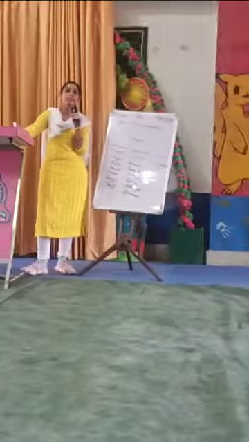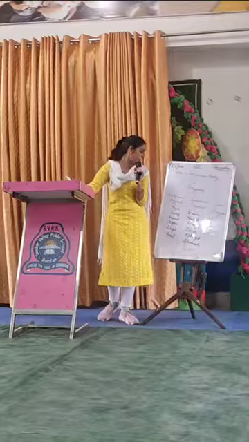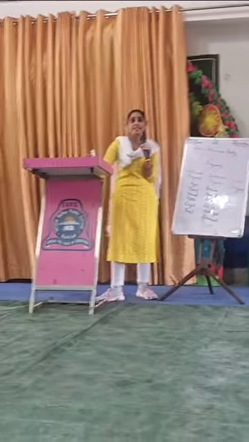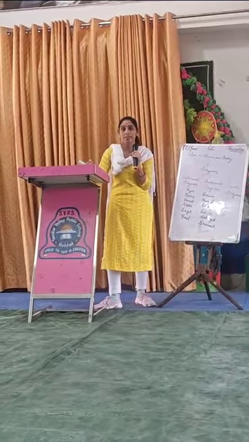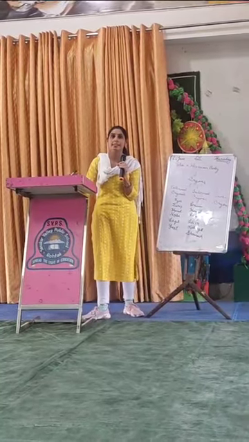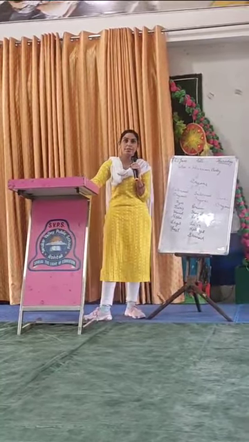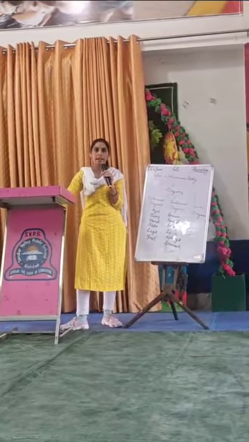Our heart beats 72 times per minute, and you will observe that while you are running fast or walking fast, our heartbeat starts pumping fast. Put your hand on the left side of the chest. You will observe that the heart gives a lub and dub sound, and that is called heartbeat.